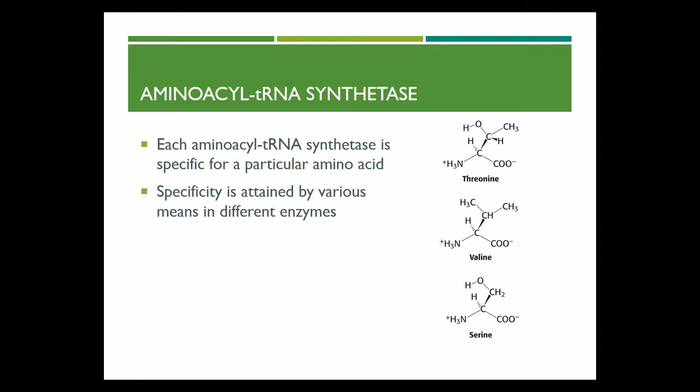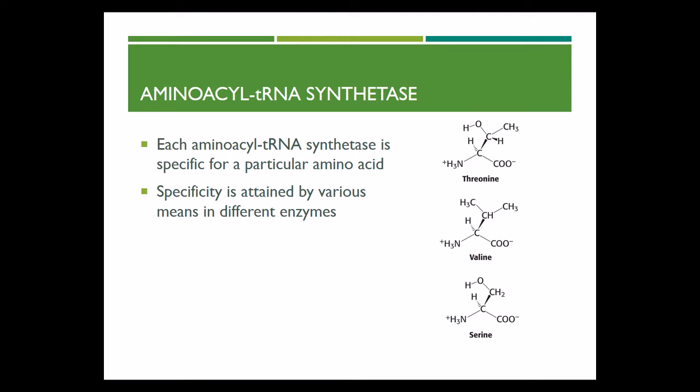For example, threonyl transfer RNA synthetase contains a zinc ion at the active site that interacts with the hydroxyl group of threonine. Valine is a similar amino acid in overall structure to threonine, but it lacks the hydroxyl group and thus will not join to the threonyl transfer RNA synthetase.